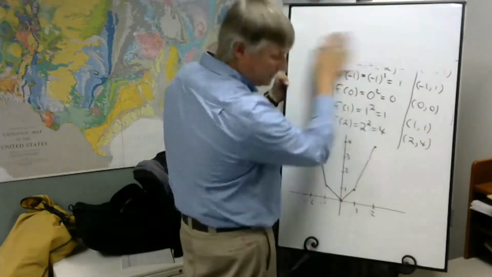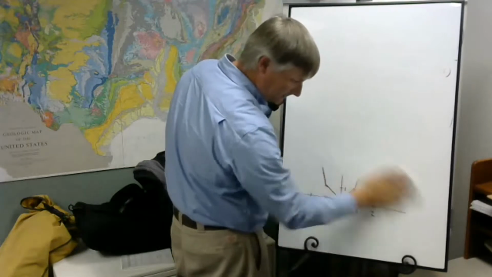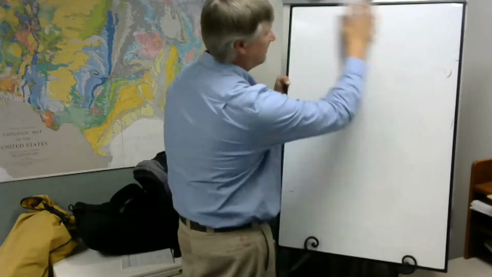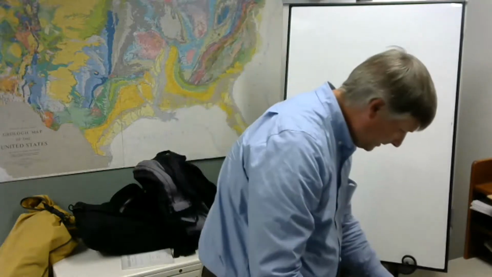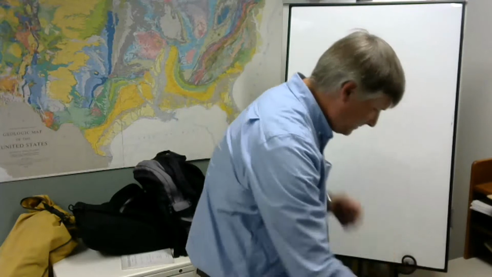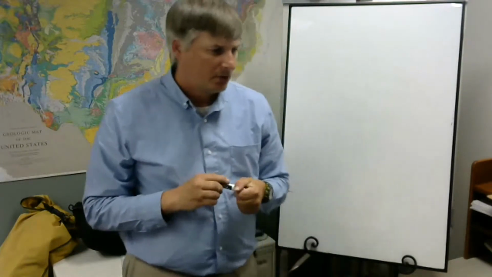So one of the things we can do is we can sometimes be given a graph and ask if that graph is a function. And one of the things to kind of keep in mind is a function does not have repeated x values.